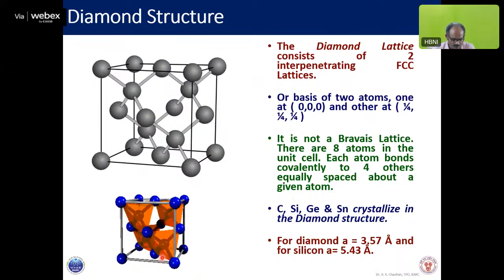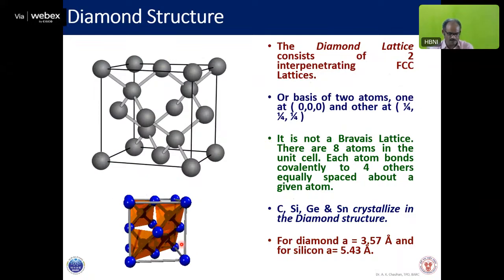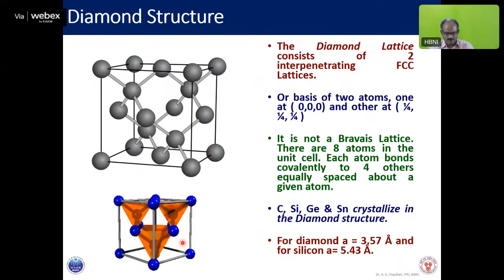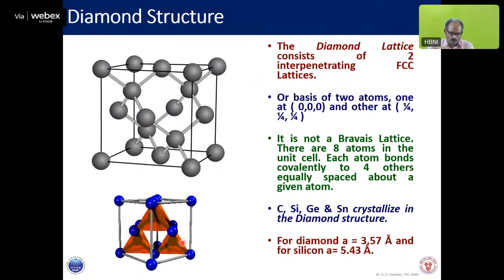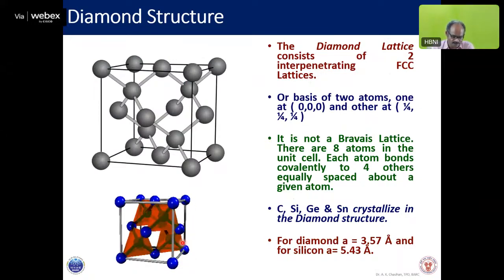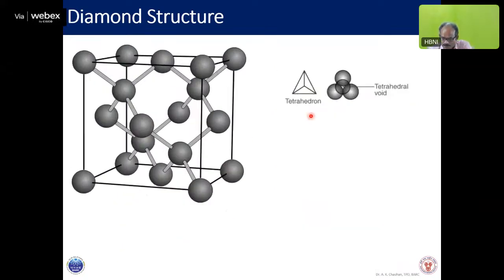Every atom will be close to each other. So in these 4 atoms, you can imagine 3 atoms at the bottom and 1 atom at the top, and you forcefully insert another atom between them. Imagine a situation where you have 1 sphere, 2 spheres, and 3 spheres, and so now there is a void here.